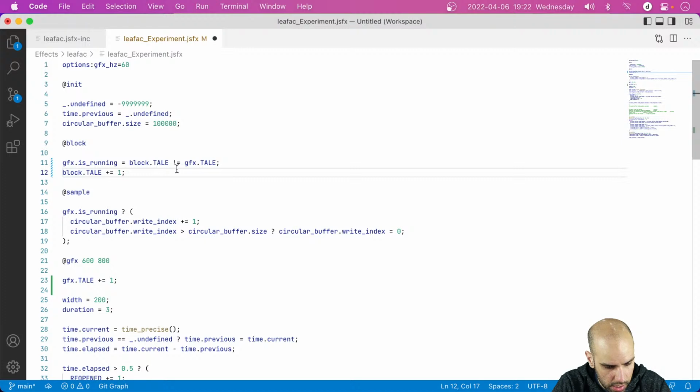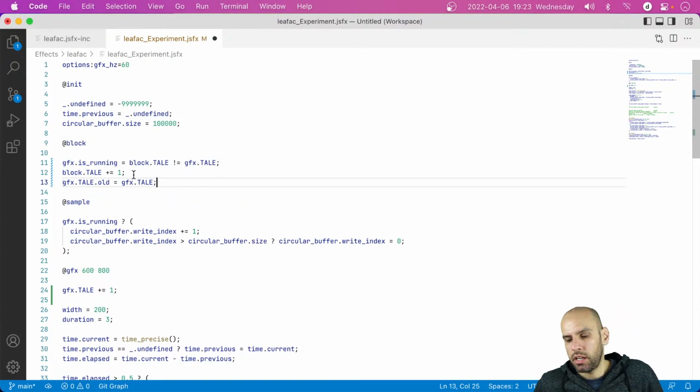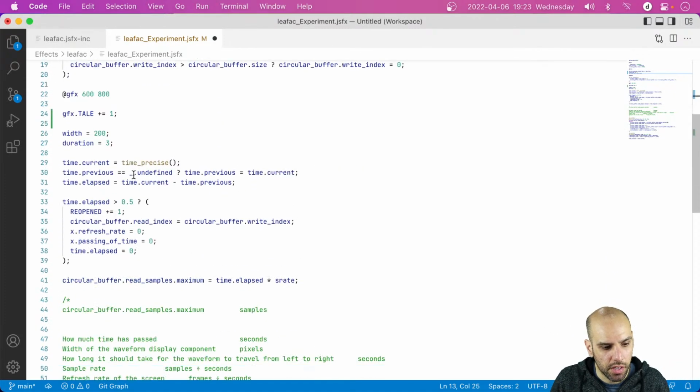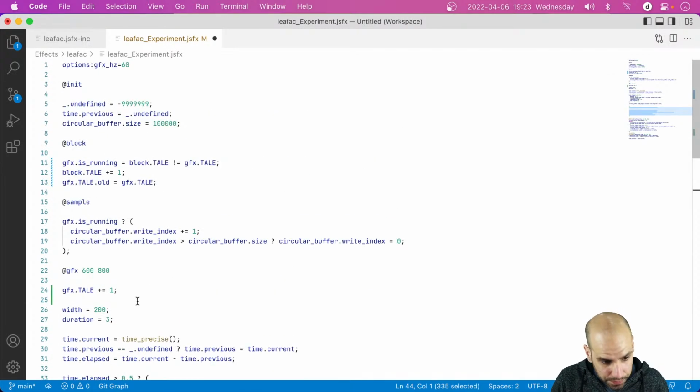And then I check. I'll also have an old version of this. Yikes, it's getting complicated, but I think we'll do it. This is concurrent programming and parallel programming. It's always complicated to reason about different threads of execution and everything. So we are counting any time that we are running the GFX block, and we are counting any time that we are doing this stuff.